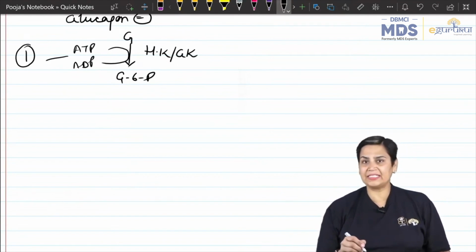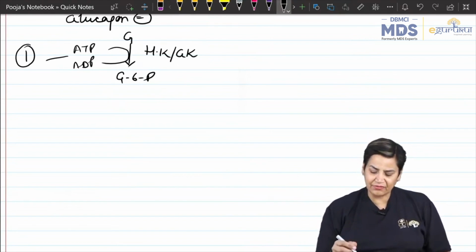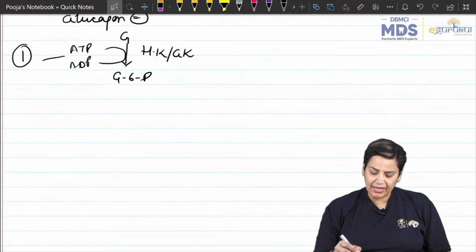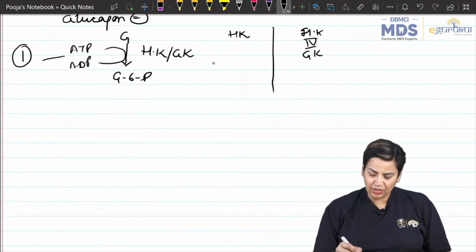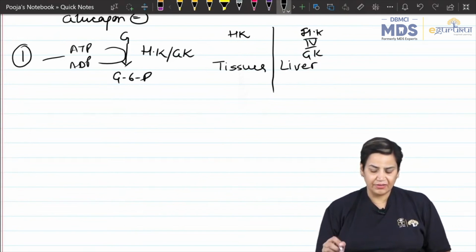And hexokinase and glucokinase, the major difference is that glucokinase is nothing but hexokinase 4. Hexokinase is present in all tissues. If we talk about glucokinase, it is present only in the liver, right?